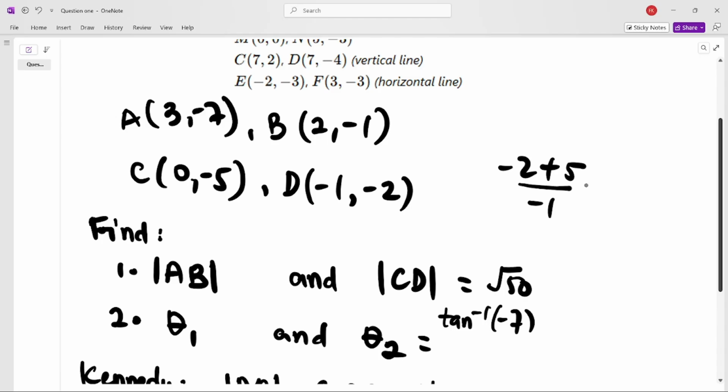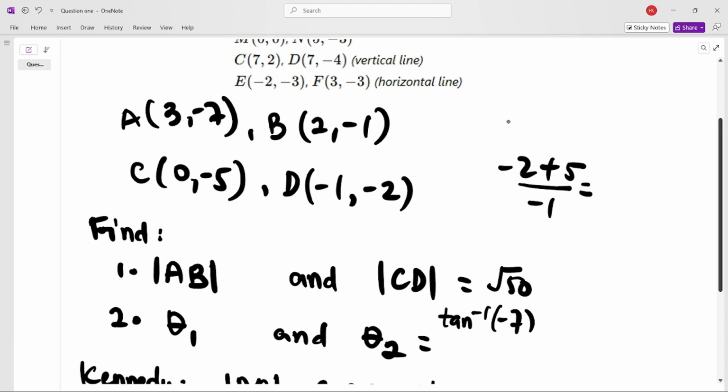How did you get that negative 7? So I found the gradient. What's the gradient? What did you do? Delta y over delta x. Yes, so delta y is what?